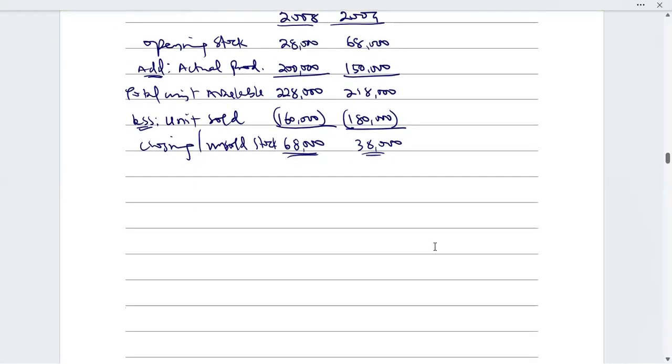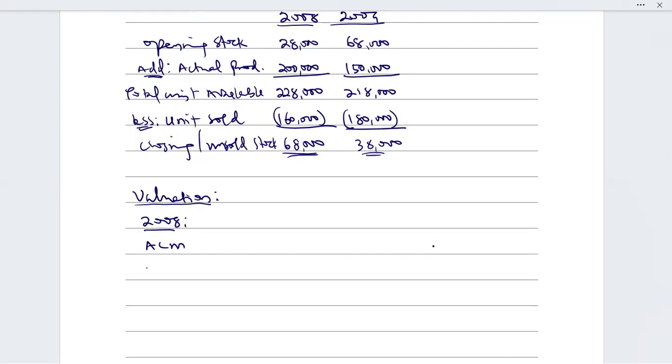So we have calculated closing stocks in units for both years. So at this point, we need to value the closing stock. Remember, we said that using absorption costing method, closing stock will be valued at total cost per unit. Therefore, I will then come here, valuation (2008). Under 2008, I will have ACM, absorption costing method.